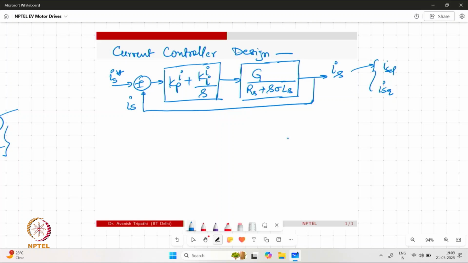Now taking the similar approach to what we have seen in case of the permanent magnet synchronous machine, we are going to write the open loop transfer function, and we are going to have pole zero cancellation for removing the slowest pole in the system.